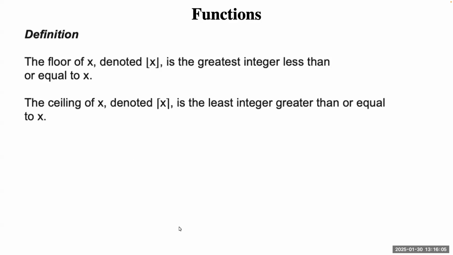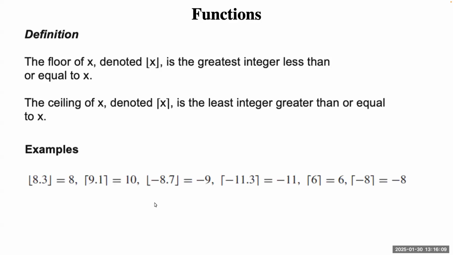All right. So as an example, the floor of 8.3 is going to be 8, because 8 is the largest integer less than or equal to 8.3. The ceiling of 9.1 will be 10, because 10 is the smallest integer greater than or equal to 9.1.